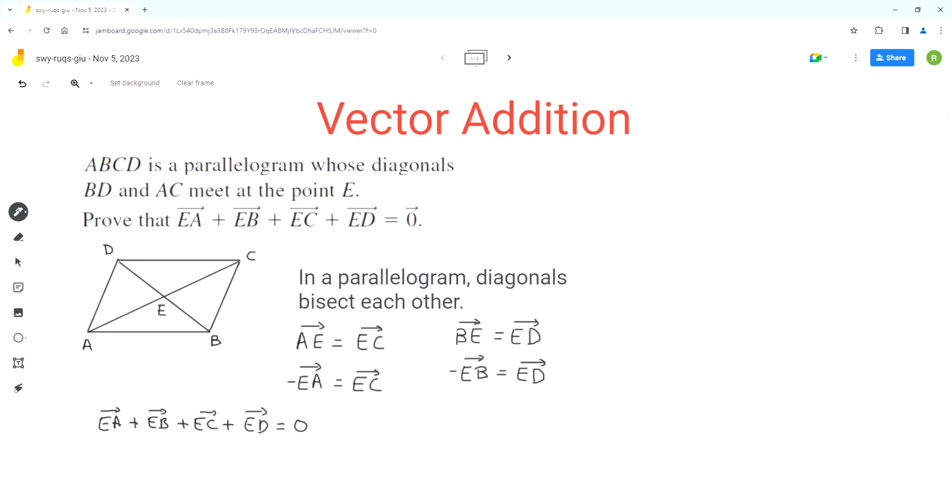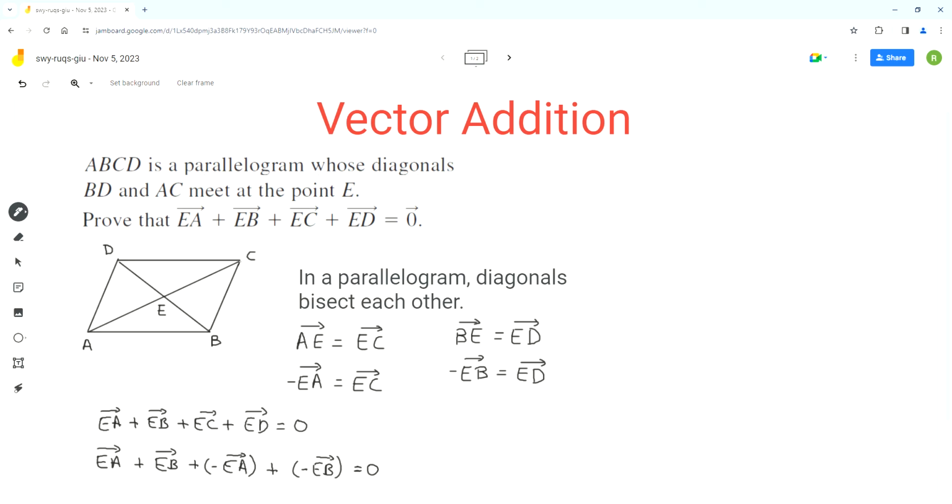We can replace vector EC with negative EA. So the first term will stay the same, vector EA plus vector EB. Now EC can be replaced with negative EA. And vector ED can be replaced with negative EB equals 0.